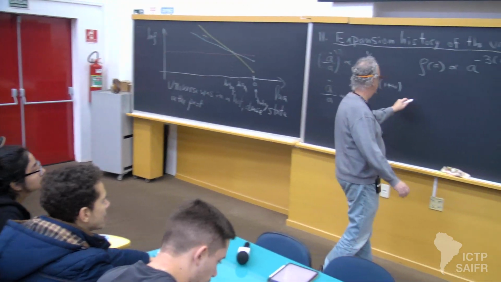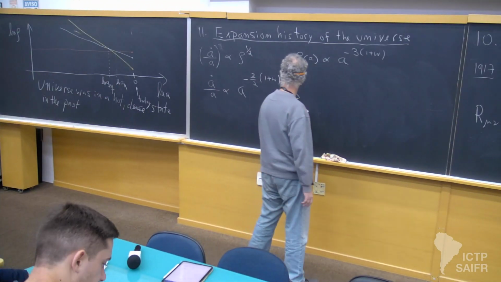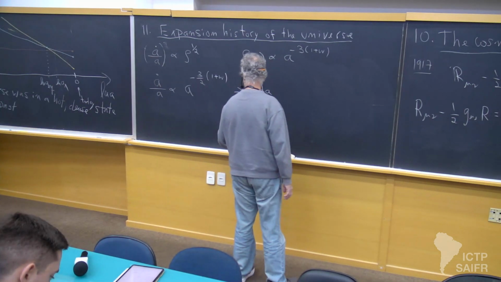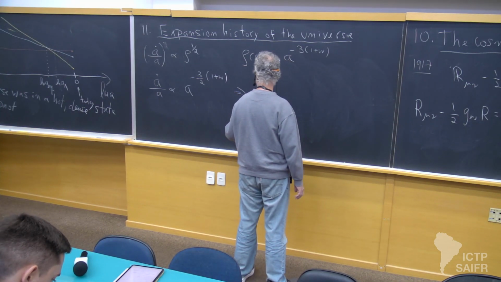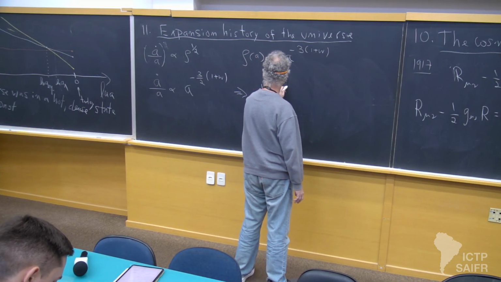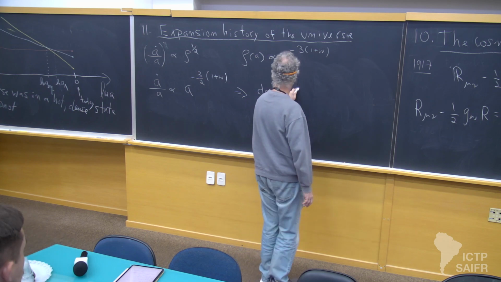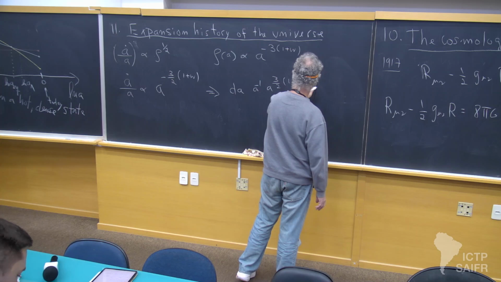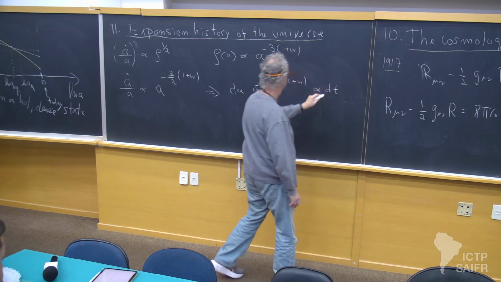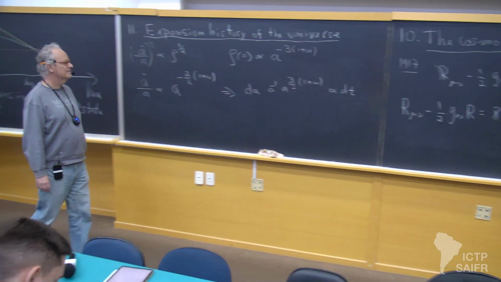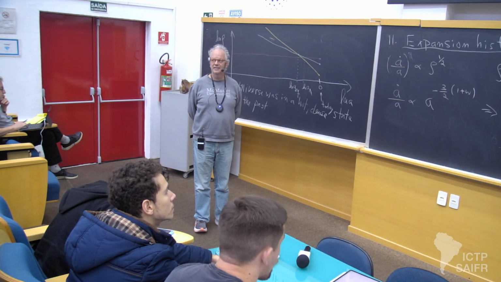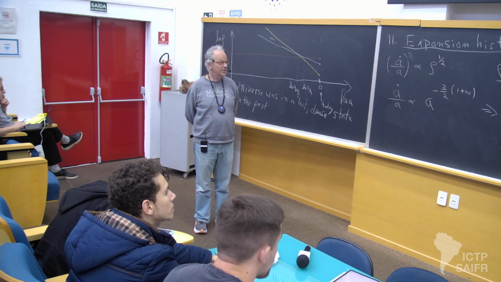Which means that da times a to the minus 1, a to the 3 halves (1 plus w), is proportional to dt. Do you agree with this? So I can solve this equation, right?